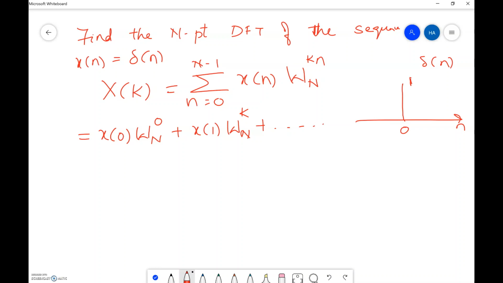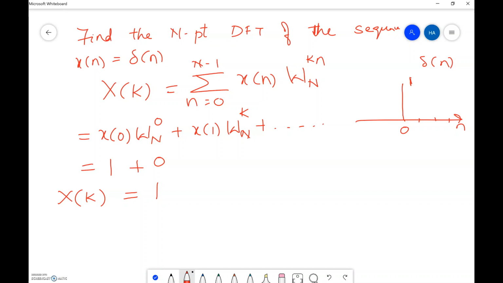X of 0, that is delta of 0, is equal to 1. That is the value which is defined at the origin. W_N power 0 is 1. Plus x of 1, x of 2, x of 3, all other values are 0 for an impulse function. So the remaining terms all become 0, and the DFT X of k for an impulse function happens to be 1. So this is quite expected, right?